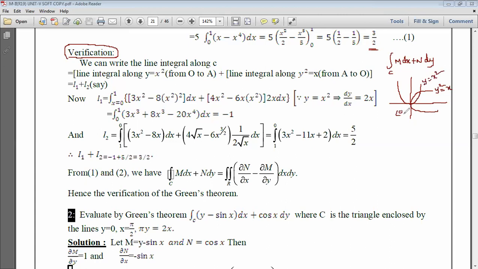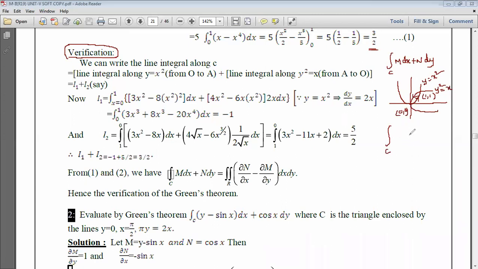The intersecting points are 0, 0 and 1, 1. I require the entire curve throughout. It is bounded by two lines. One is y is equal to x square, another one is y square is equal to x. Now we need to take these lines and calculate, and by adding them we'll get the total.